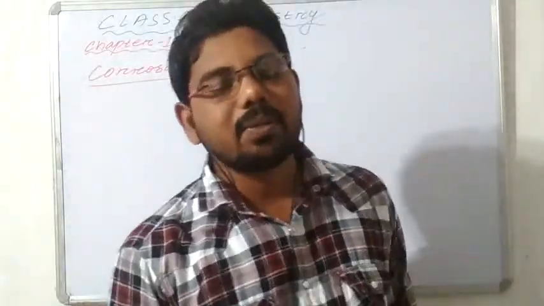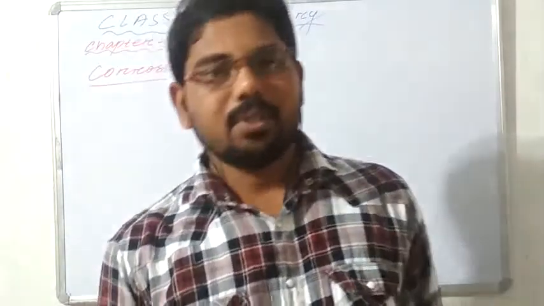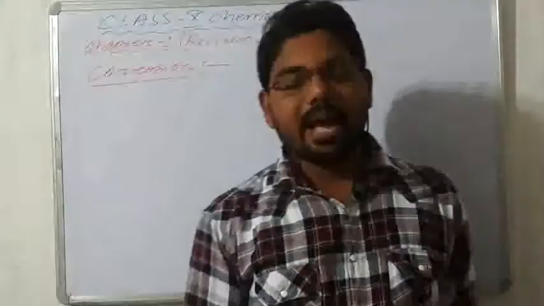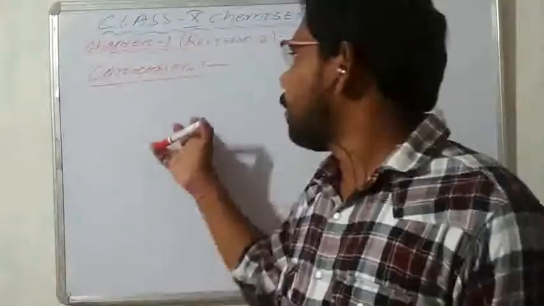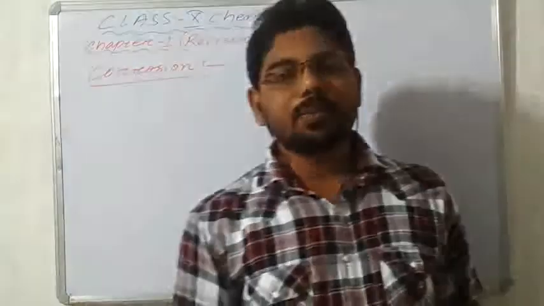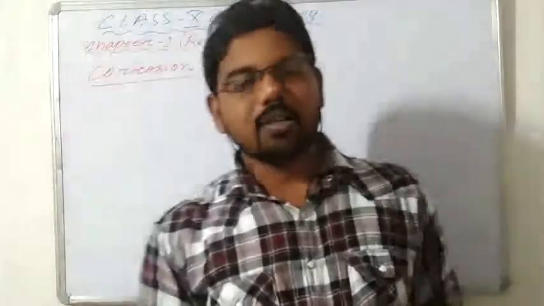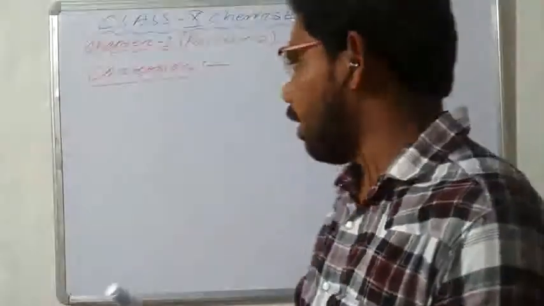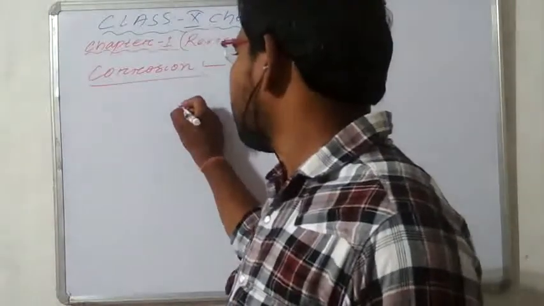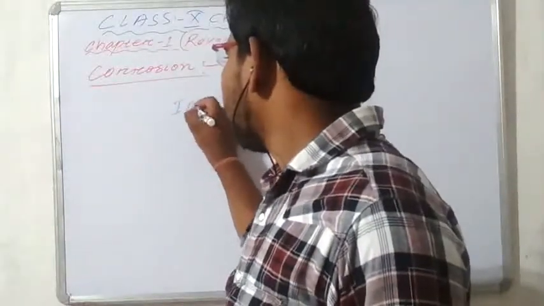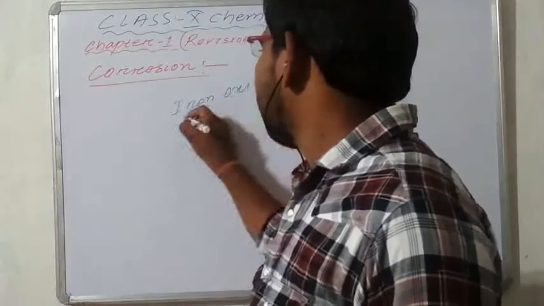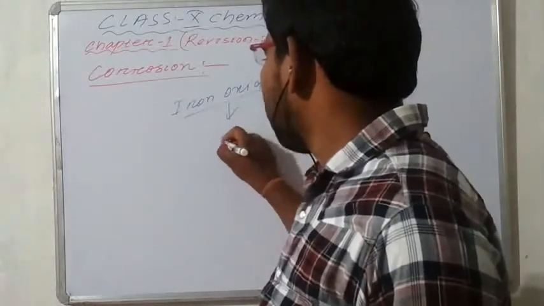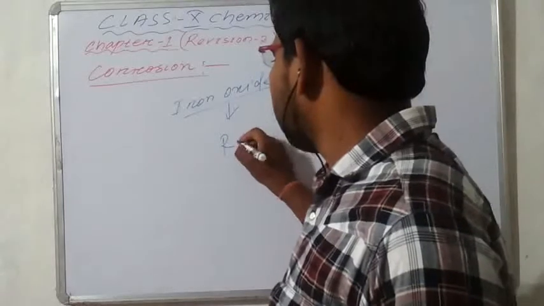This process is known as corrosion. Many metals like iron, silver, copper undergo corrosion. Metals like iron, in contact with moisture or water vapor, change into their oxides. This is known as iron oxide, and this iron oxide formation is known as rusting of iron.